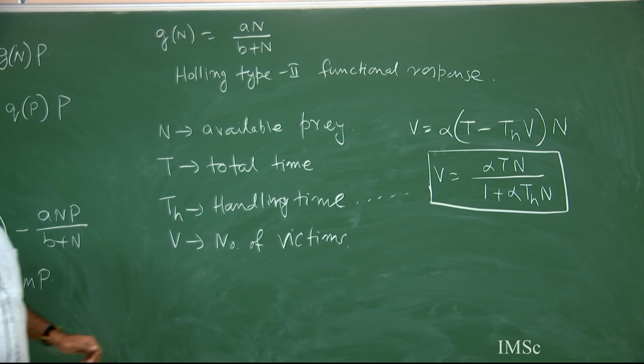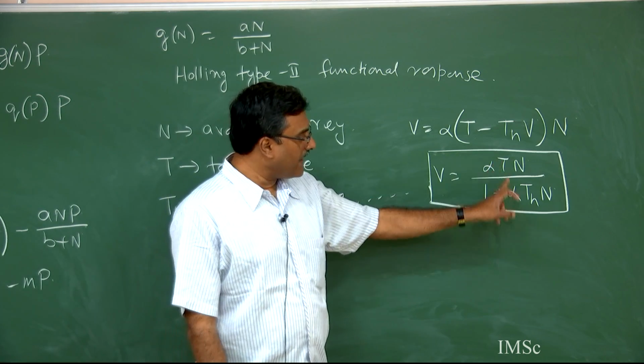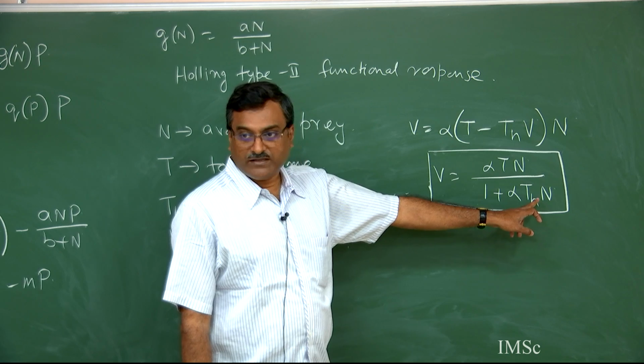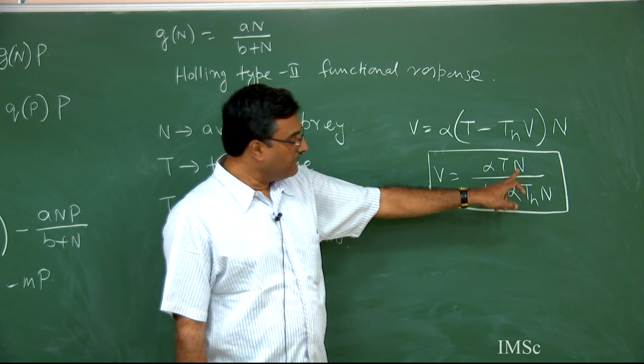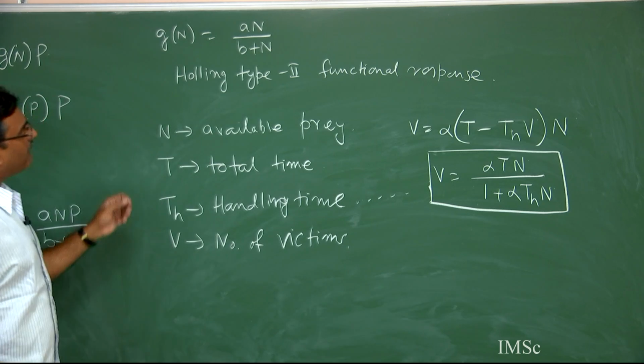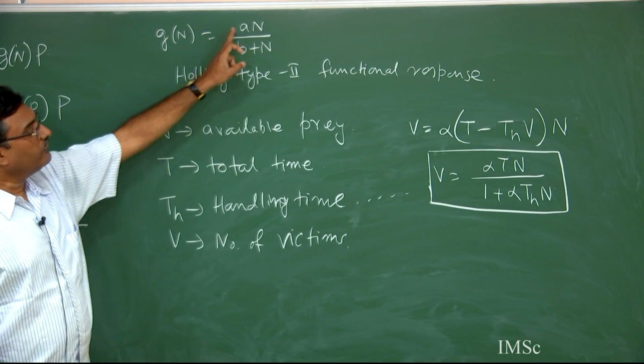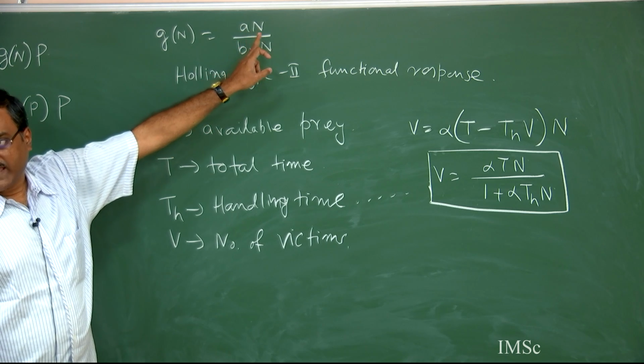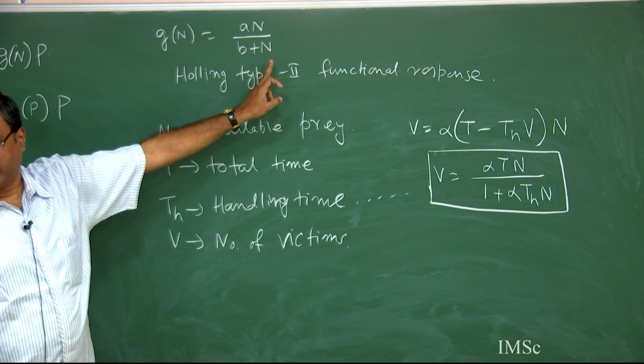So if you divide both numerator and denominator by alpha TH with different parameterization, you will be having this Holling type 2 functional response, that is A n by B plus n.